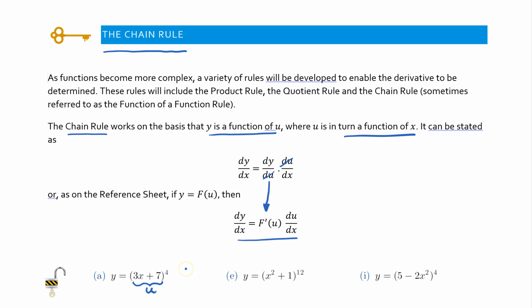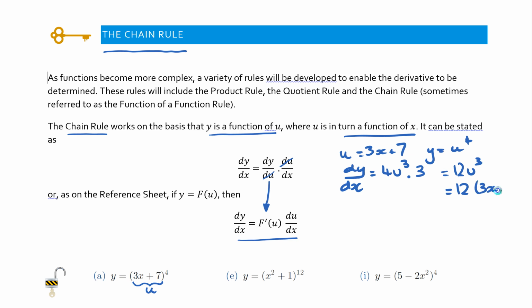So if y equals 3x plus 7 to the fourth and u equals 3x plus 7, then what we have is that dy dx is dy du, or the first differential of u, so that will be 4 times u cubed, multiplied by du dx. So I differentiate u with respect to x, which will give me 3. So 3 times 4u cubed is 12u cubed, and then I change my variable back to x, so that gives me 12 lots of 3x plus 7, all cubed.